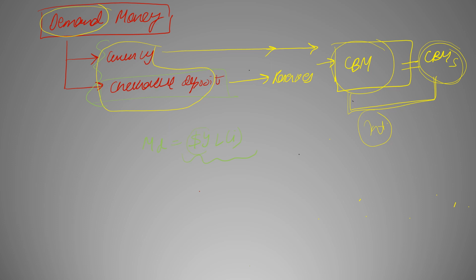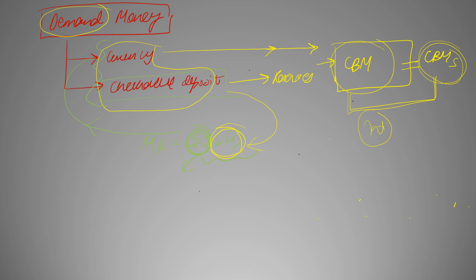So currency, you'll only demand currency when your level of transactions is high, right? And when it's low, you'll demand comparatively less. So the number of transactions is also an influencing factor for currency. Make sense? Okay. Now again we have L(i) over here. So in the last case we had interest on bonds, but now we have interest on checkable deposits.